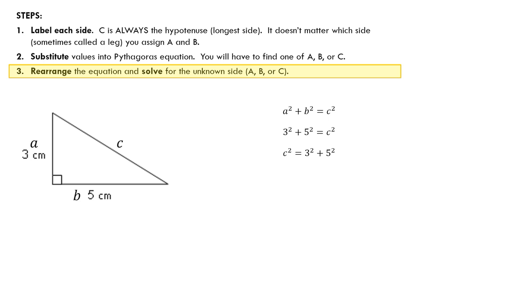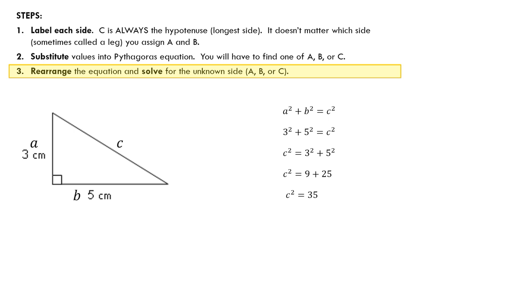So c squared equals 3 squared plus 5 squared gives us c squared equals 9 plus 25. C squared equals 34. Now, to figure out what the value of c is, we take the square root of c squared to give c.